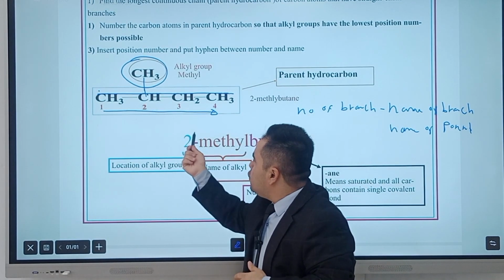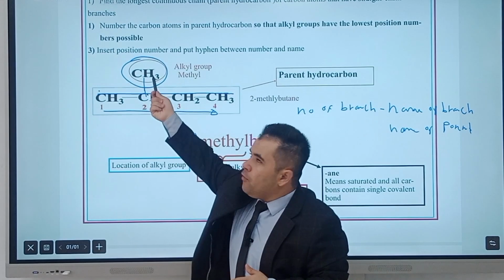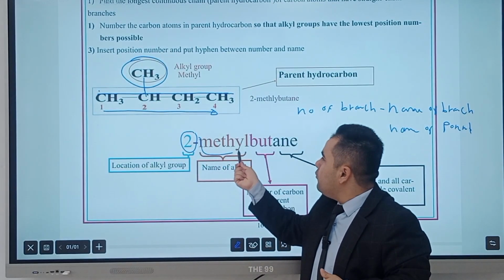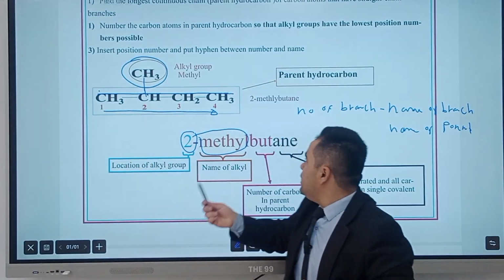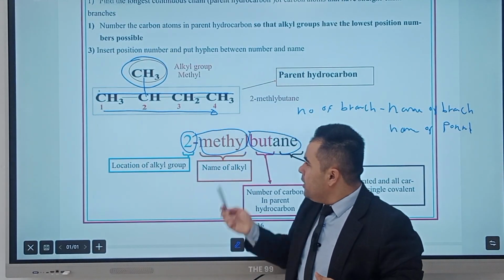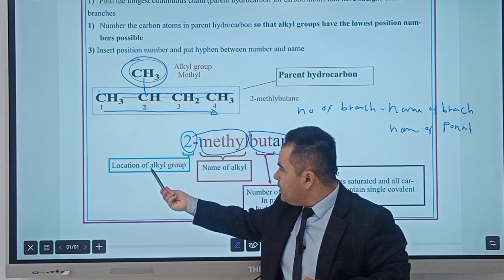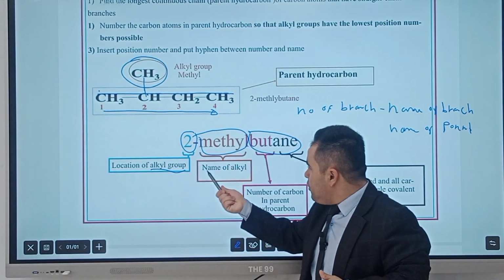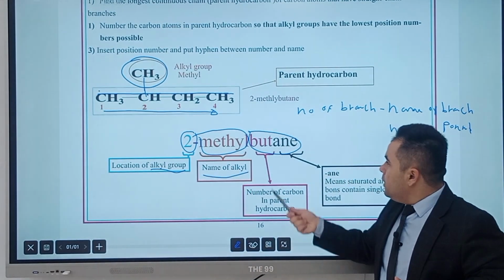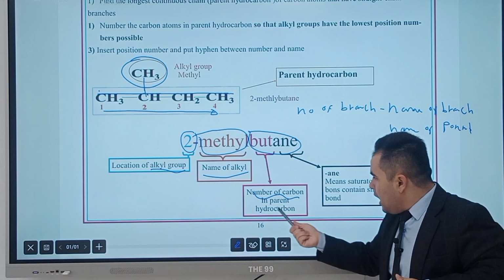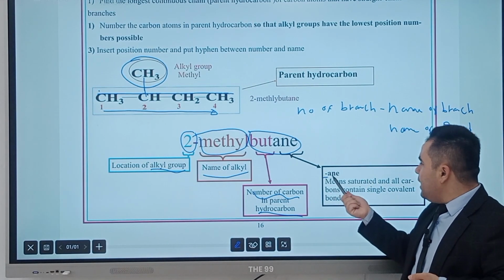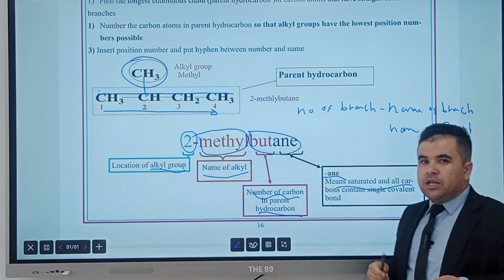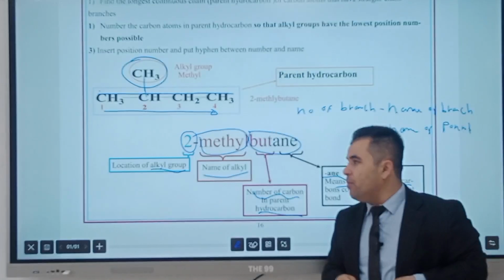Number of the branch is what? 2. Name of the branch is methyl. We learned it in the alkyl group. And name of the parent is butane. So the 2 is the location of the alkyl group, methyl is the name of the alkyl group, and but is the number of the carbon. As a prefix we have but for 4, and the ane means this is a saturated alkane hydrocarbon.